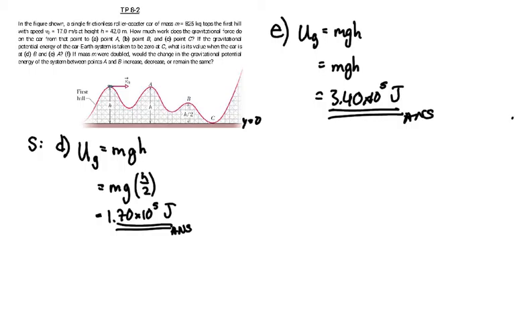Now, if we had non-conservative forces at play, we would still see the same gravitational potential energy. We would still see the same amount of work done by the gravitational force. The thing that would be different, however, is how much of that potential energy that we have just calculated is directly converted to kinetic energy.